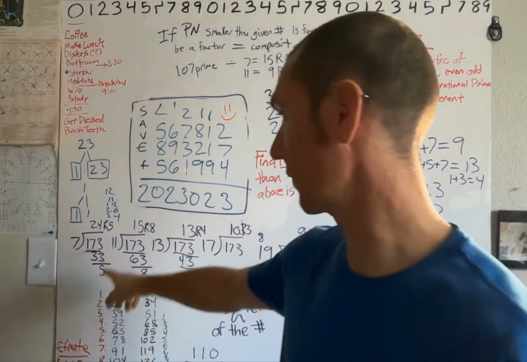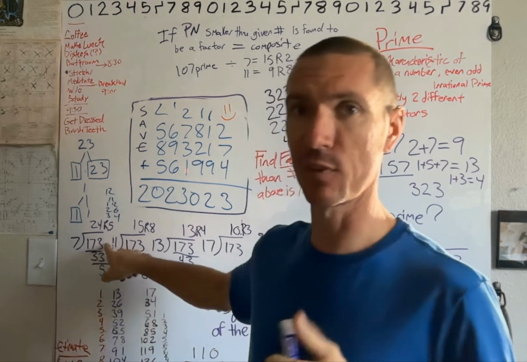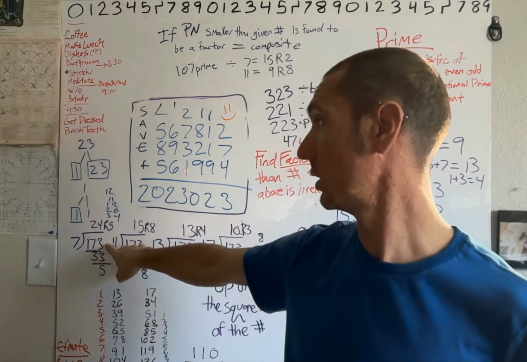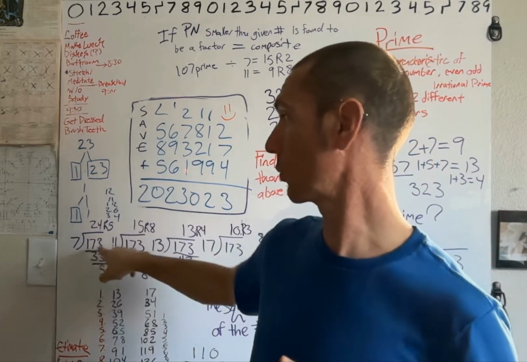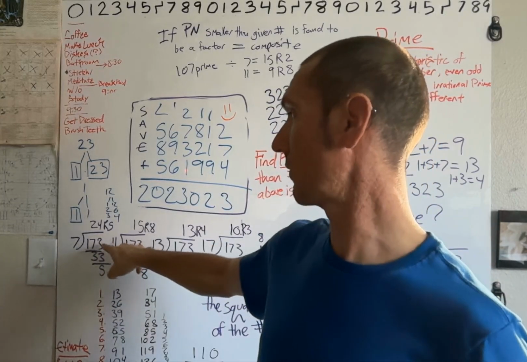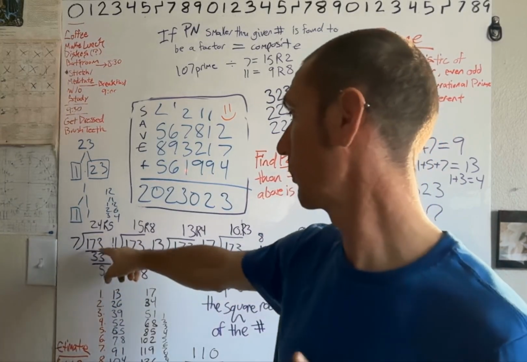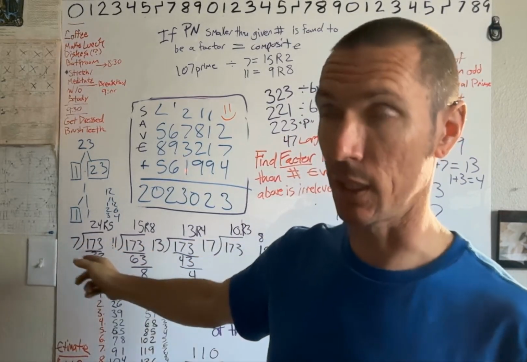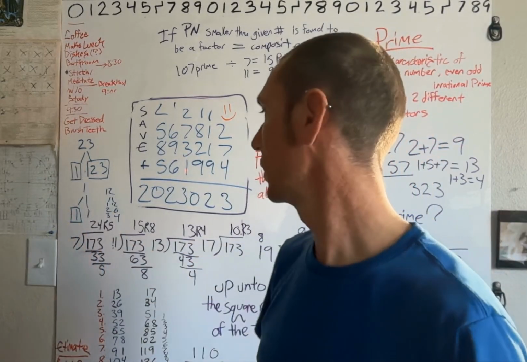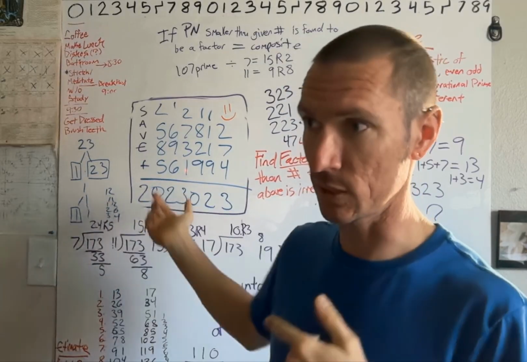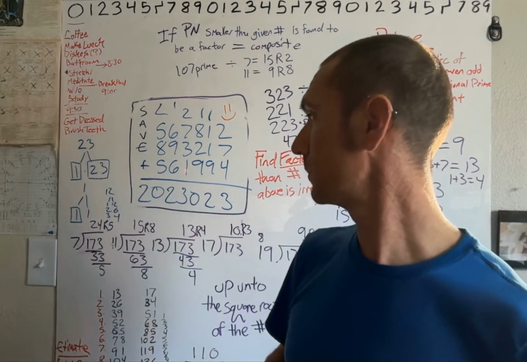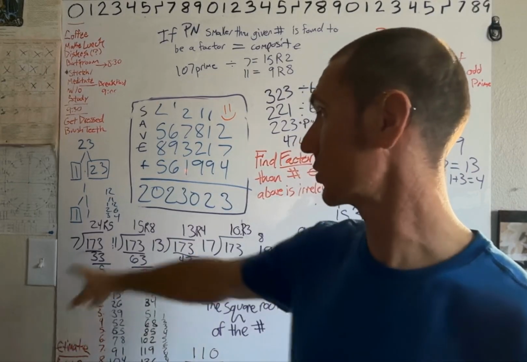So we're looking at 173. Is it divisible by 2? No, because it's not even. Is it divisible by 3? No, because 1 plus 7 plus 3 is 8 plus 3 is 11, which is not divisible by 3.